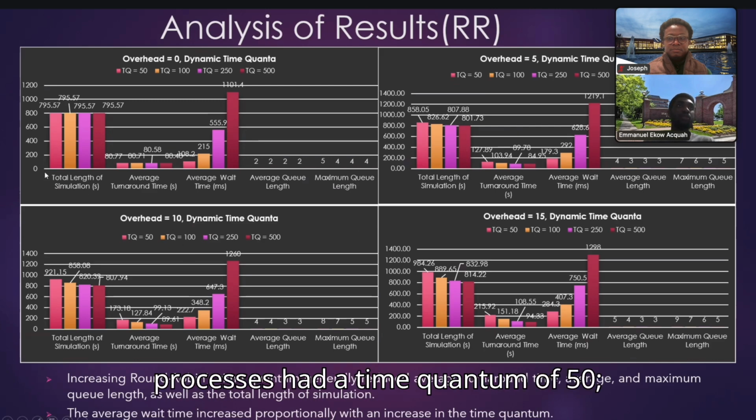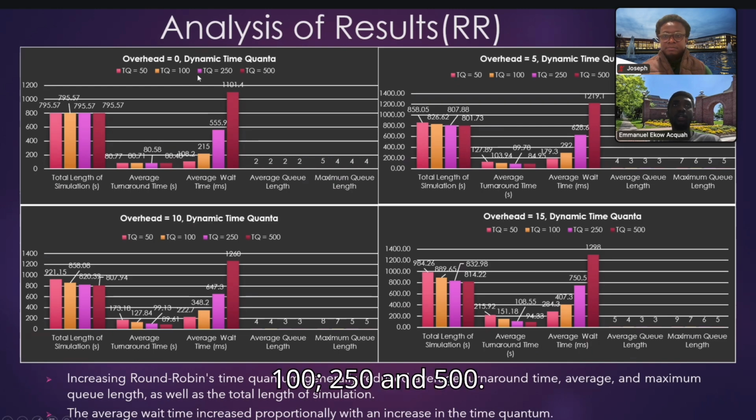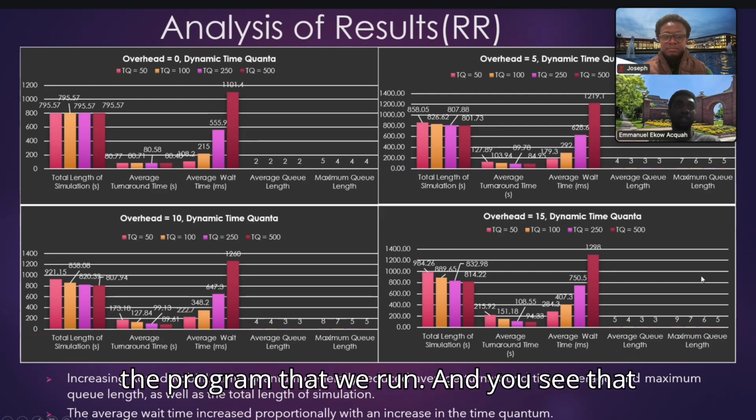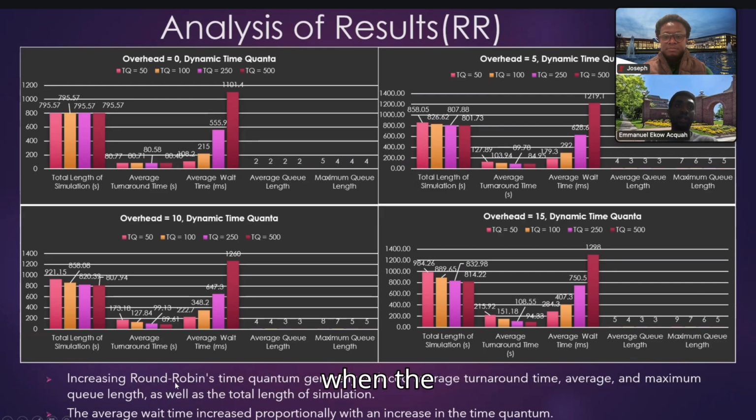And each of the processes had a time quantum of 50, 100, 250, and 500. So these are the results that we got from the program that we ran. And you could see that with the increase in quantum time for the round robin, it reduces the average turnaround time.